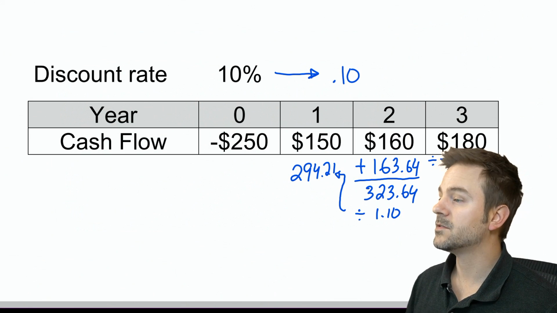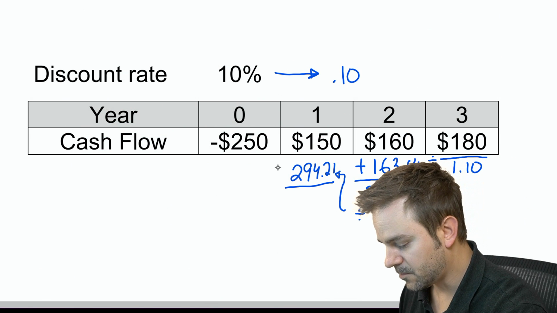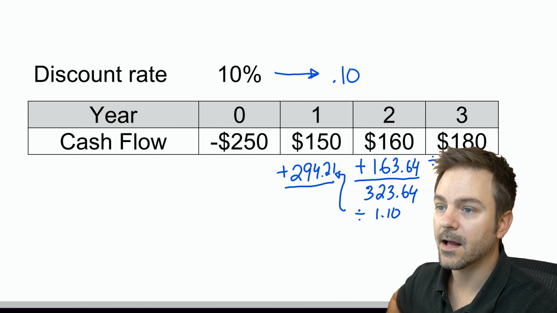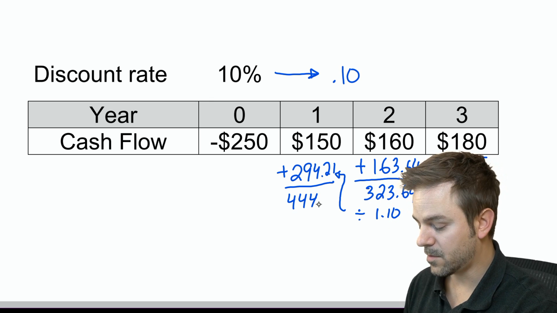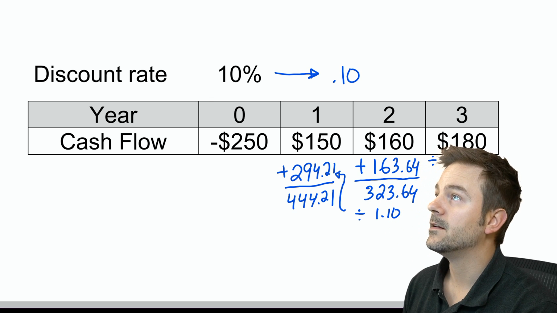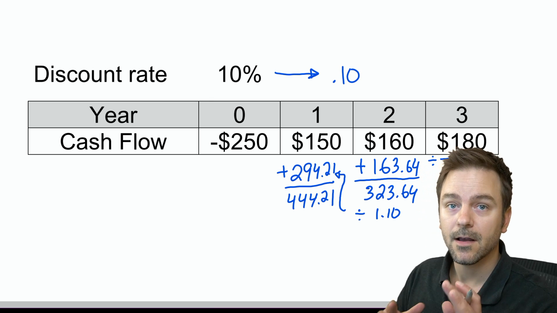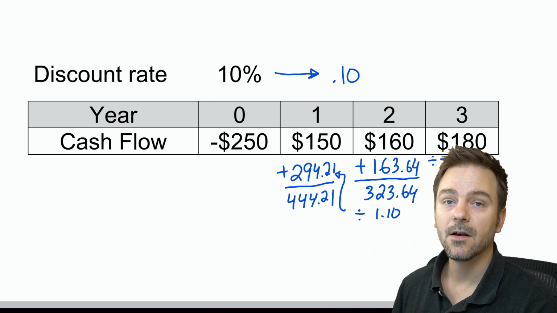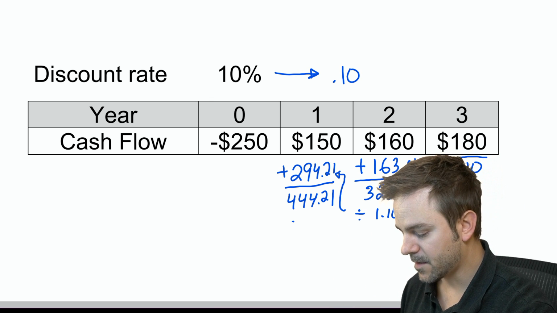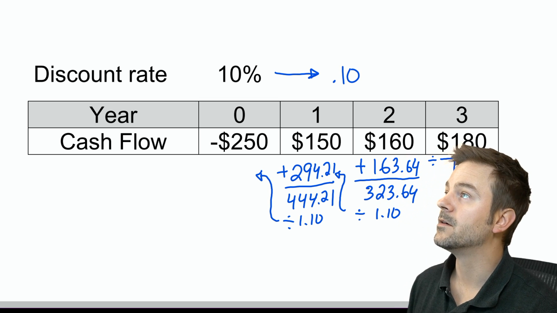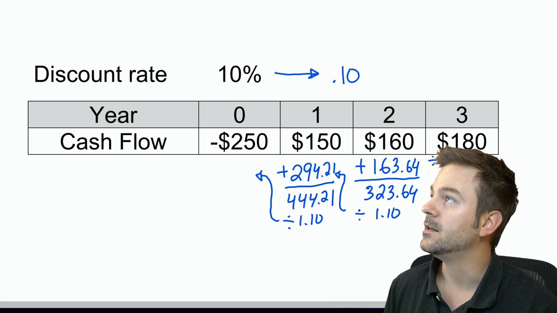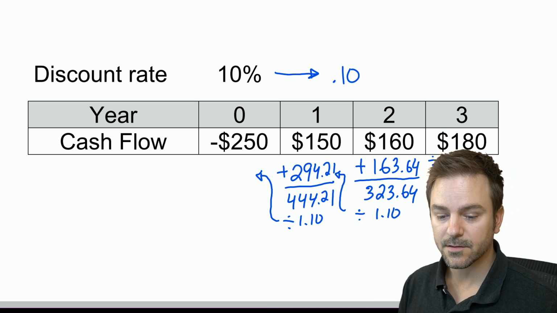Again, we have two numbers at the same exact point in time, so we can add them together, and that's going to be 444.21, like this. And again, repeat the process where we grab that cash flow and move it back one period to the left by dividing by 1.10, and that's going to move you back again. But now we're at year 0, which is essentially the end of the problem. So let's do that next.